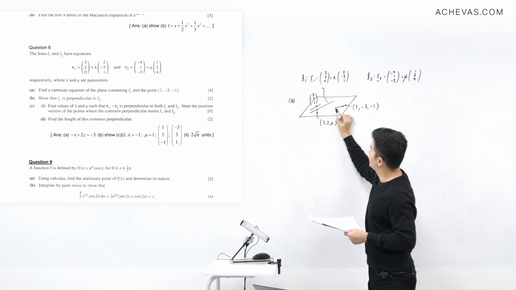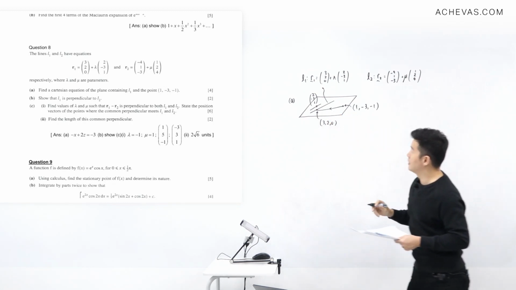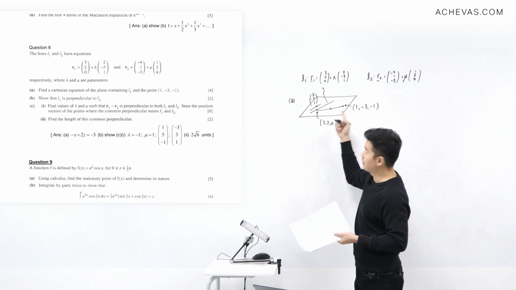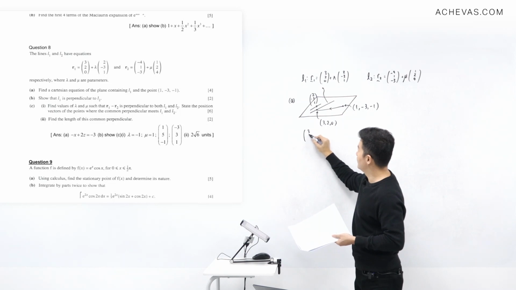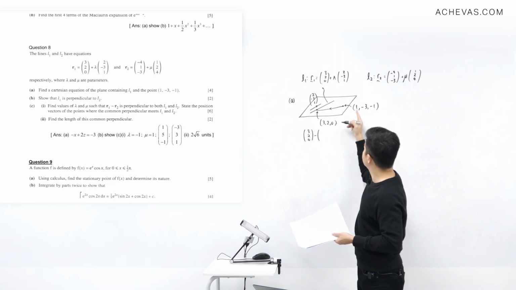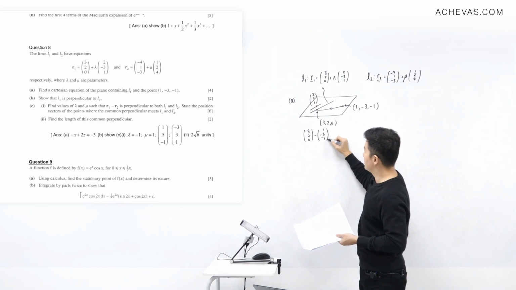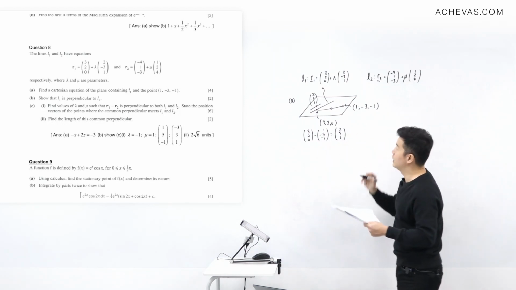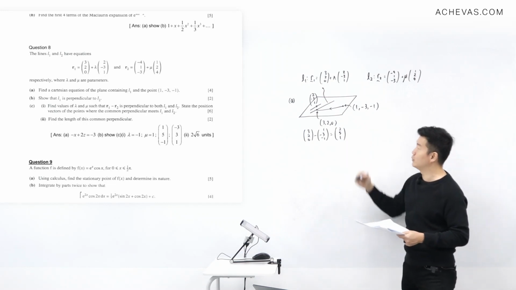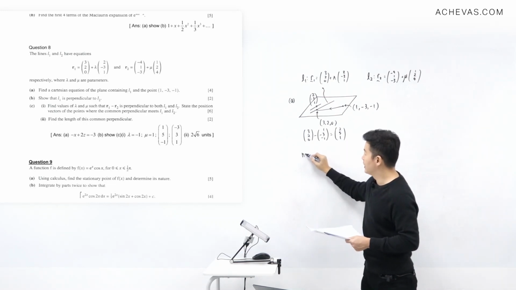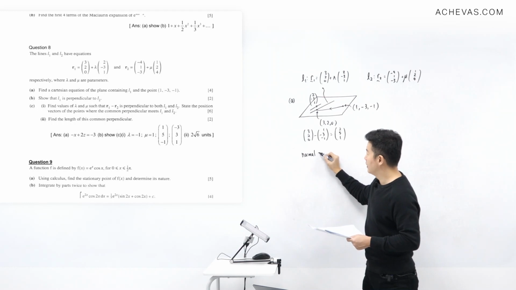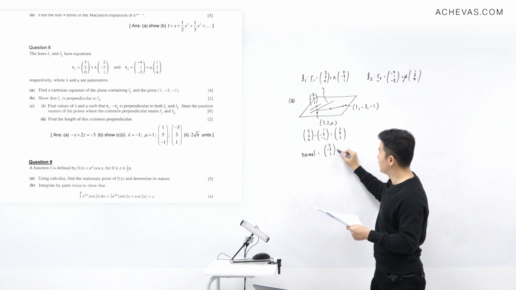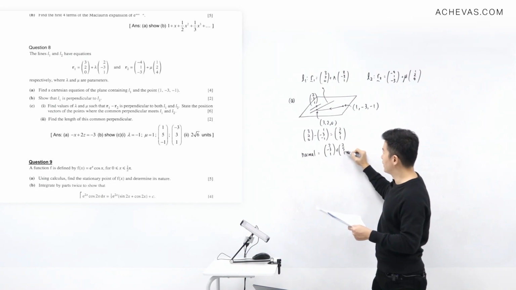If I were to connect this to this over here, this vector is also parallel to the plane. So let's try to find this vector. It is going to be (3, 2, 0) minus (1, -3, -1). This gives us (2, 5, 1). So (2, 5, 1) is parallel to the plane, which means that the normal to the plane is going to be parallel to (2, -3, 1) cross (2, 5, 1).